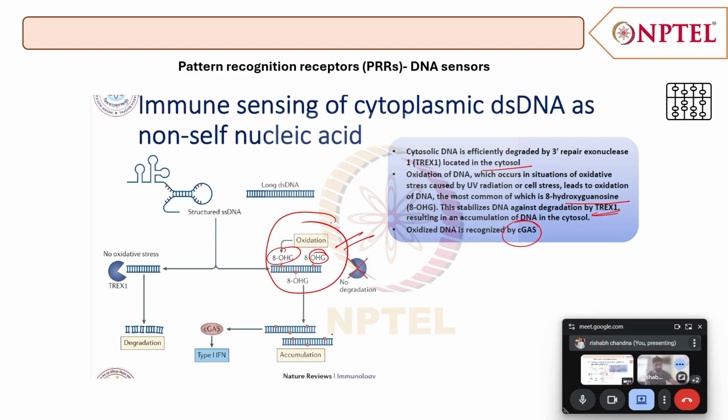Okay, and if there is accumulation of this oxidized DNA, that will lead to the recognition by cGAS, and that will lead to type 1 interferon production. Okay, so this is how the oxidative stress related DNA is also sensed by cGAS.